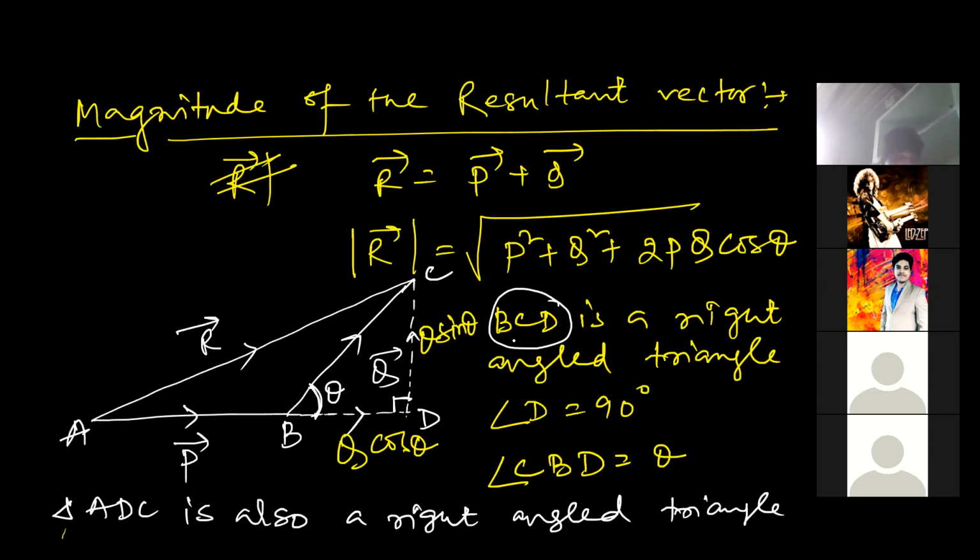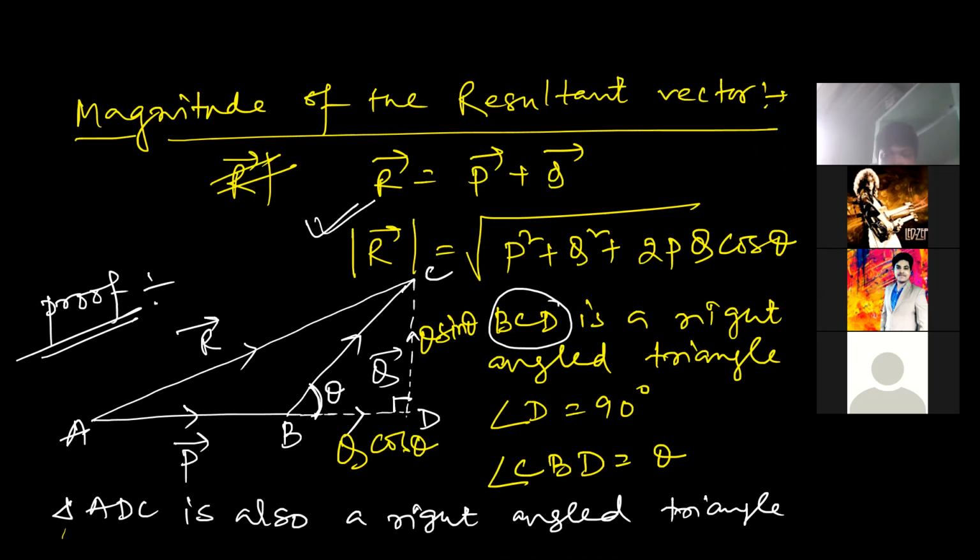As per the Pythagoras theorem, what is that? Here you can say it is actually the proof, okay? So give a heading here: this is the proof of this formula. We are going to prove that. So now say what is the Pythagoras theorem, everyone.